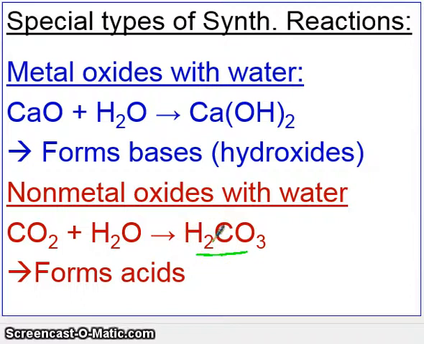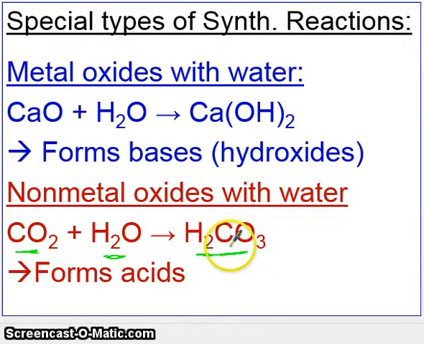And this is really a case of carbon dioxide gas reacting with water and combining. Again, this is all synthesis. So what you're doing is you're combining these two, and as you combine them, if you put this one on top of this one, essentially you get yourself 2 hydrogens, 3 oxygens, and a carbon. And that's exactly what you see.